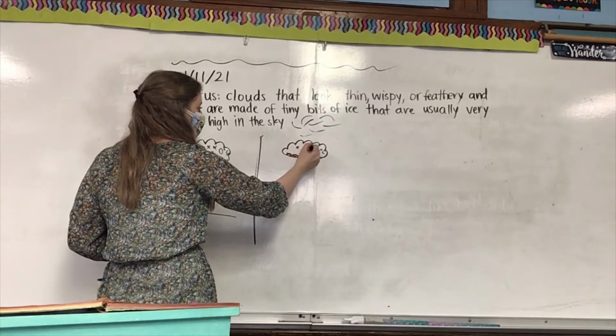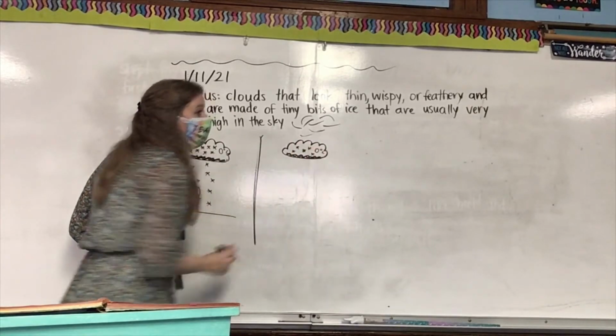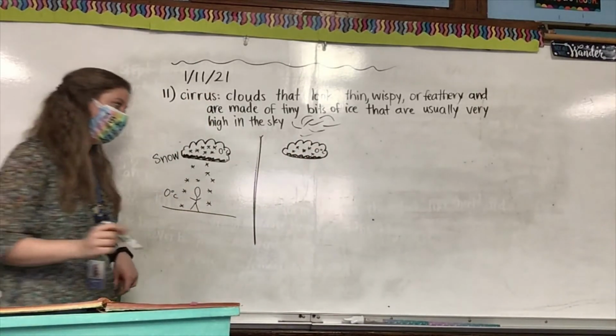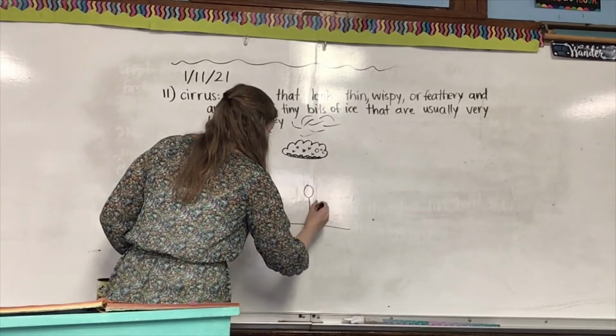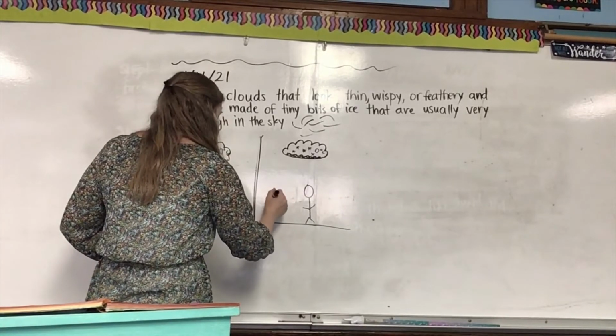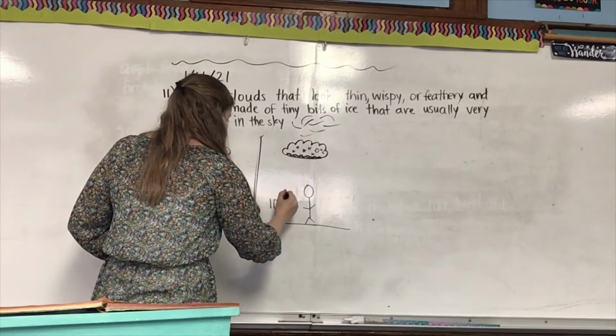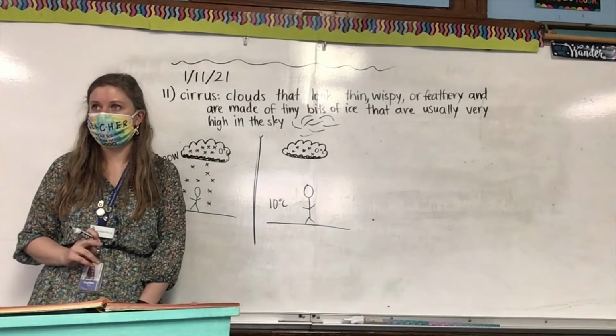And we've got some snow. Make sure that you're showing snow is different from drops because otherwise you'll get confused. And here's the ground where it is 10 Celsius.